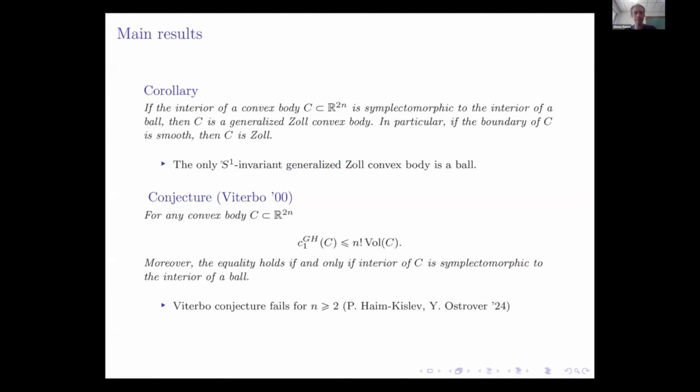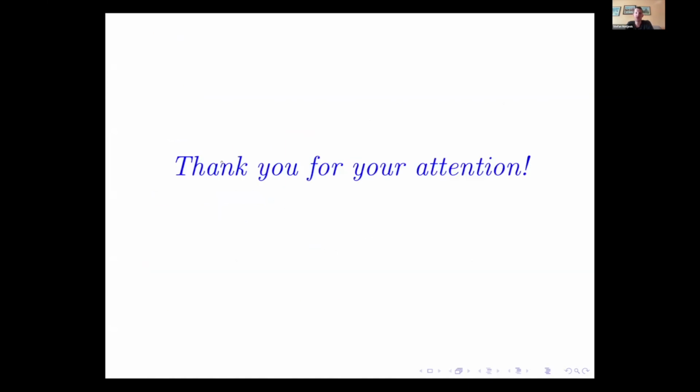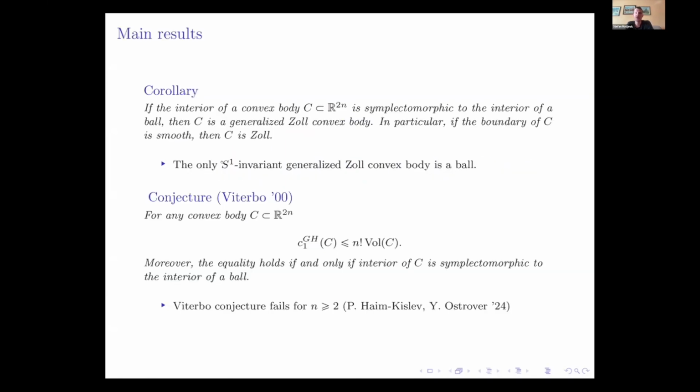So do you expect that it would be easy to prove that a generalized Zoll convex body can be approximated by a smooth Zoll body? Oof. I think that it's very tricky, at least at this point, because one doesn't really know what this Fadell-Rabinowitz index on a space of systoles means.